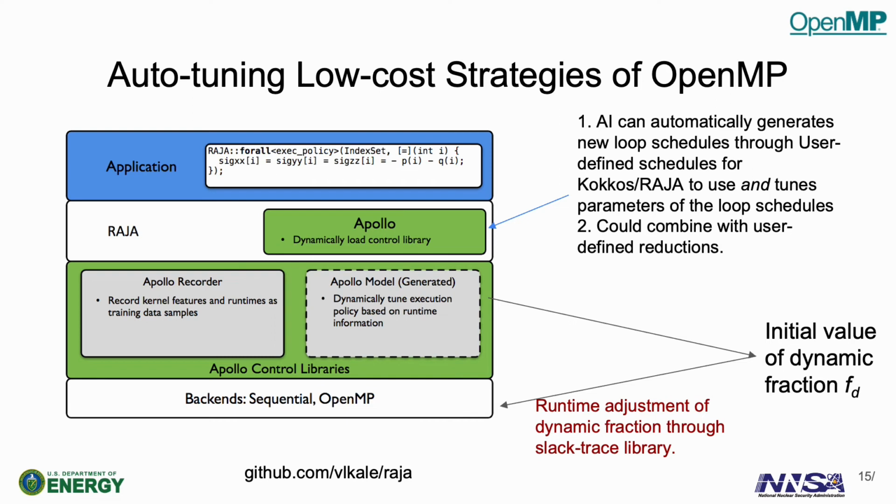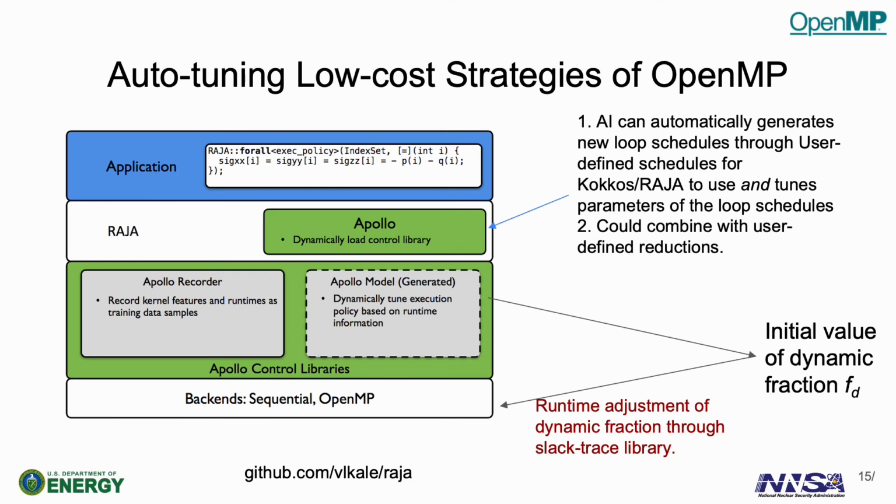If we remember, there are the user-defined schedules, there are multi-XPU schedules, and there's asynchronous offloading. All of these can be brought up into the RAJA library and built within the library. They can also, within the library, be automatically generated, perhaps through a machine learning agent.